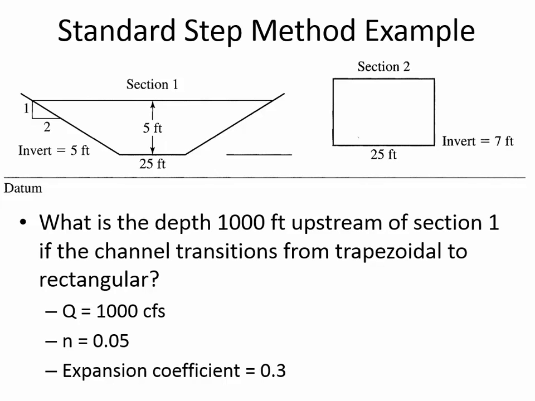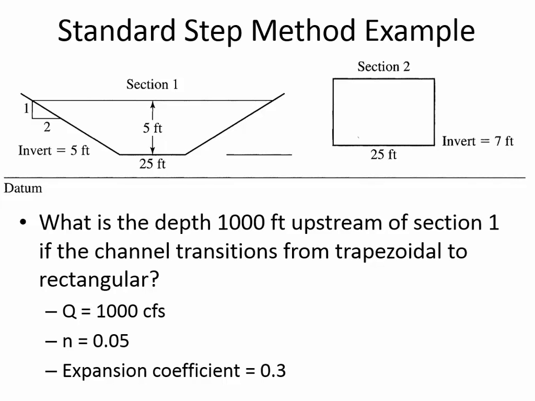Okay, so when it's flowing at the critical depth, Froude number squared is 1. The flow rate is 1,000 cubic feet per second, squared. The top width will be 25 plus 4yc. G is 32.2 feet per second squared.